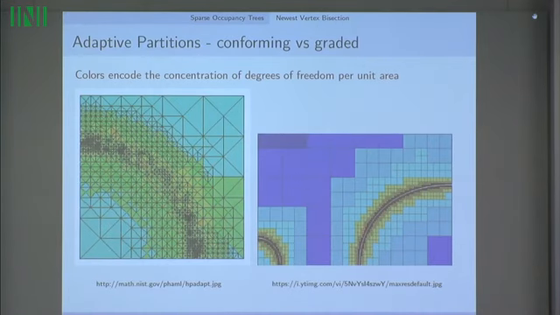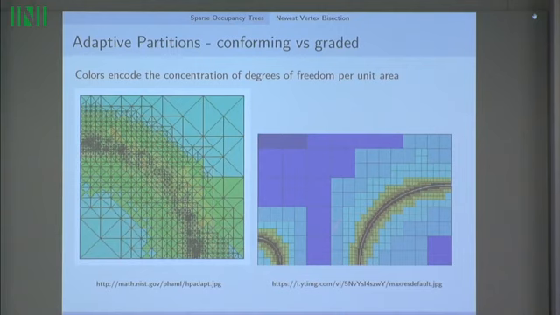Instead of doing binary subdivision, we can consider hypercubes and divide each into 2 to the d elements. However, in order to have some gradedness of the distribution of degrees of freedom, we don't allow more than one hanging vertex around the cube. So you can imagine this in d dimensions, with cubes, and this is the grading.